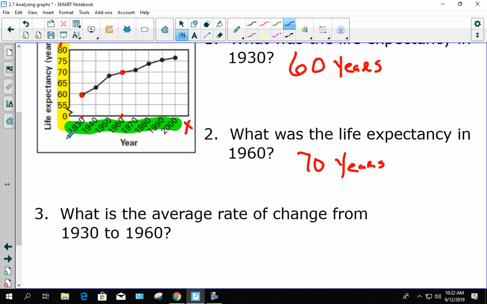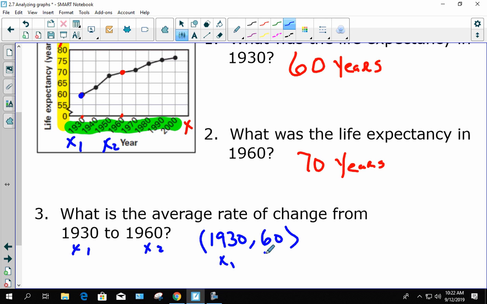So, 1930, that is my x1, to 1960, that is my x2. So there's x1, there's x2. What goes with 1930, kids? 60. So 1930 and 60 go together.